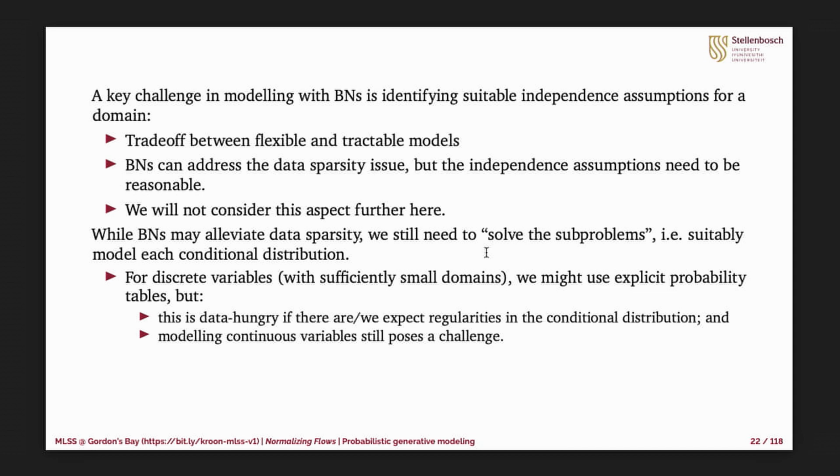So Bayesian networks can, in principle, address our data sparsity issue, but the independence assumptions we make need to be reasonable. We're not going to go into designing Bayesian networks here.